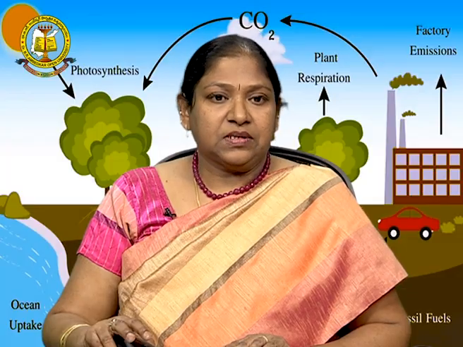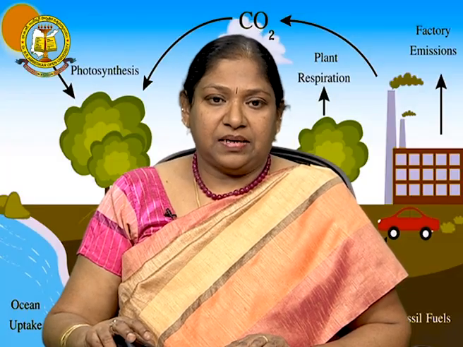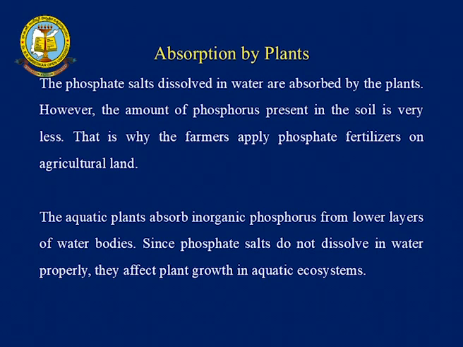The next step is absorption by plants. The phosphate salts dissolved in water are absorbed by the plants. However, the amount of phosphorus present in the soil is very less. That is why the farmers apply phosphate fertilizers on agricultural lands. The aquatic plants absorb inorganic phosphorus from the lower layers of the water bodies.